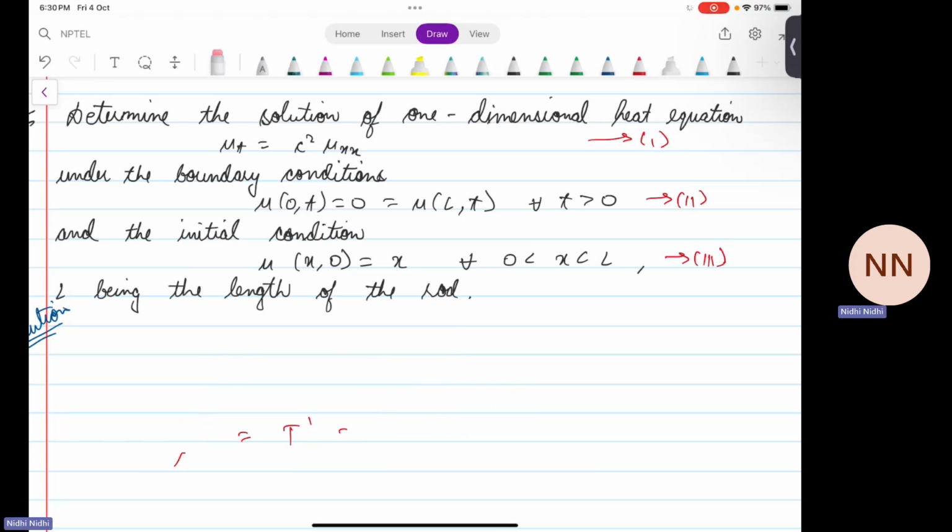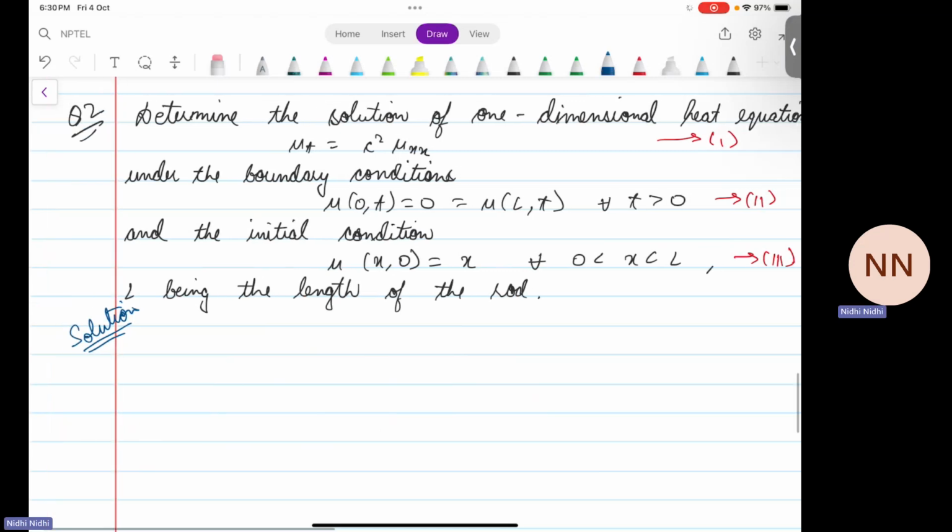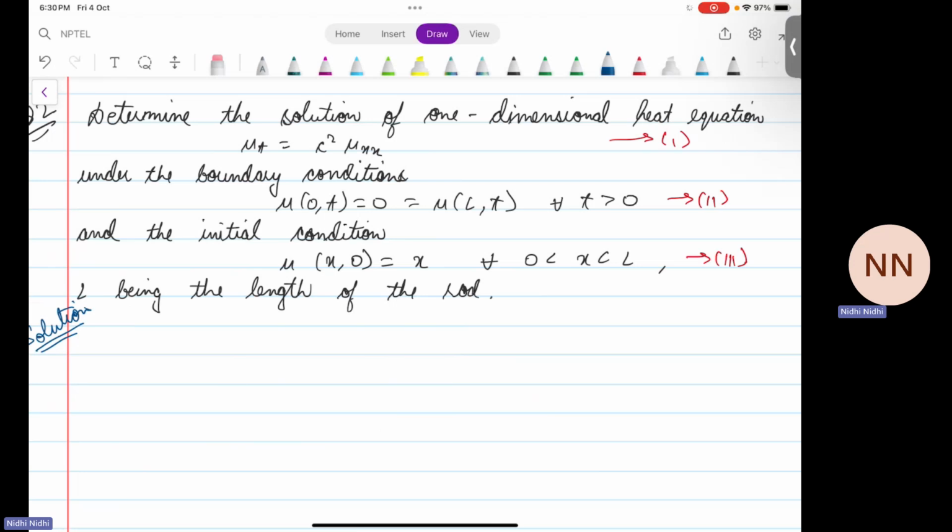So let's start from scratch. I hope you all must have got the solution, but for the recording purpose, let me do it once again. So we start with taking u(x,t) to be X(x)T(t).